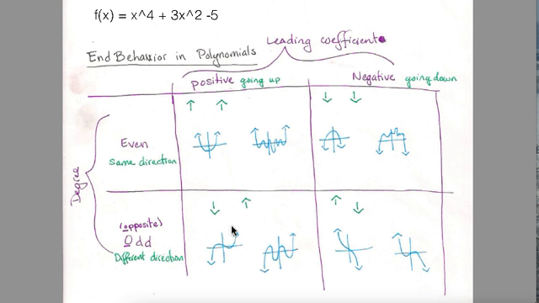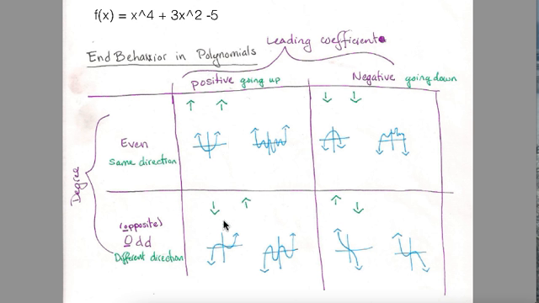Now, the other thing we can look at is the leading coefficient. We want to know whether the leading coefficient is positive or negative. So if it's positive, we have an overall theme of going up. Like you can see right here, both ends of the function are going up.